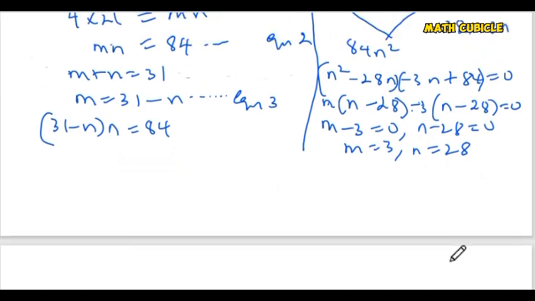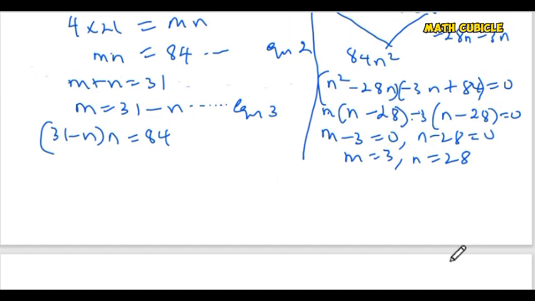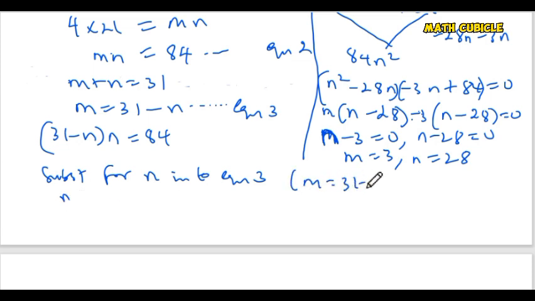So what we'll do is plug this into equation 3. Substitute for n into equation 3. Equation 3 is m is equal to 31 minus n.